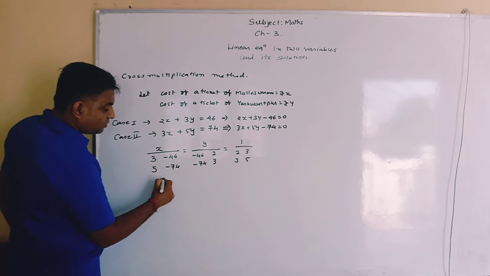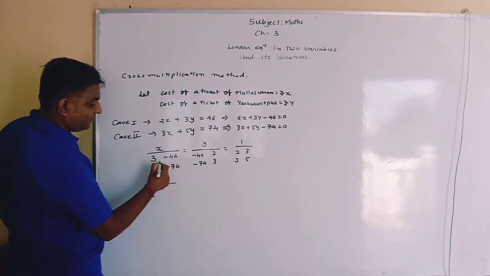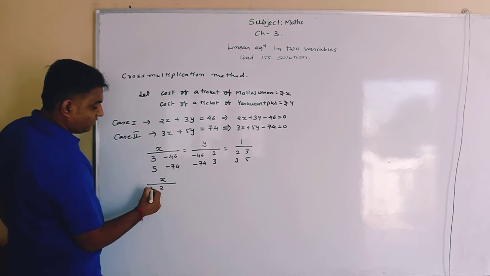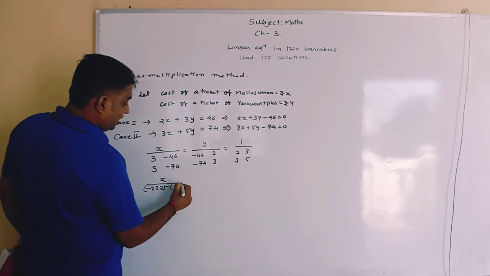So we take the cross multiplication: 74 3s are, 4 threes are 12, carry 1, 21 and 1, 22. So minus 222 minus 1. 5 6 33 minus 230.